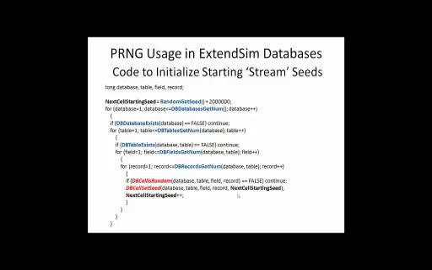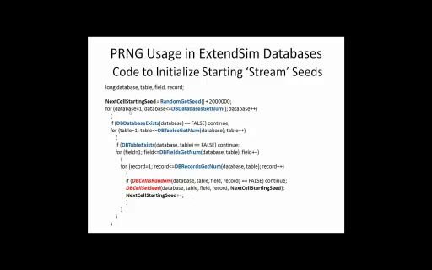If it does, we use the current value of that global variable as the starting cell seed for that cell. Then we bump it so that the next cell gets 2 million plus 1 as its offset.